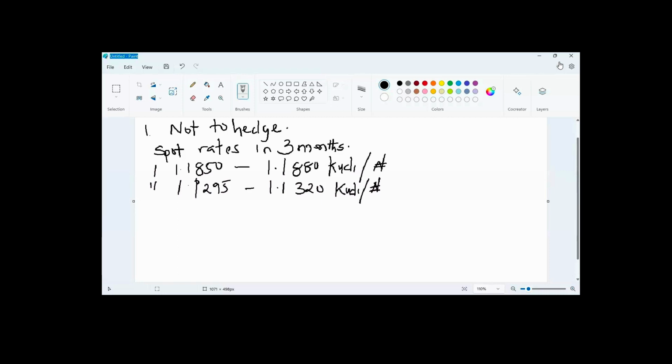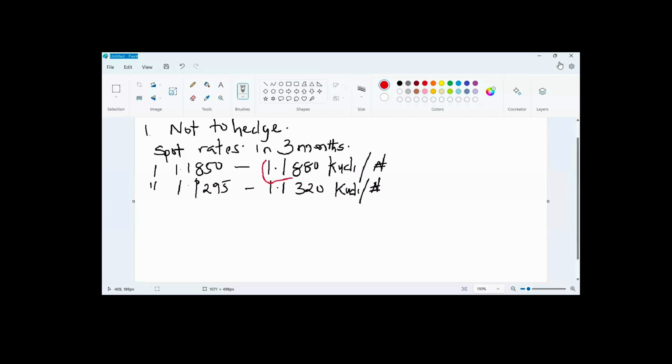Higher rates. The bank will buy at the higher rates. Please note that. Which one is higher? This is higher.